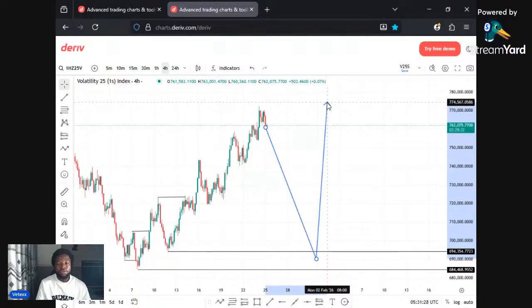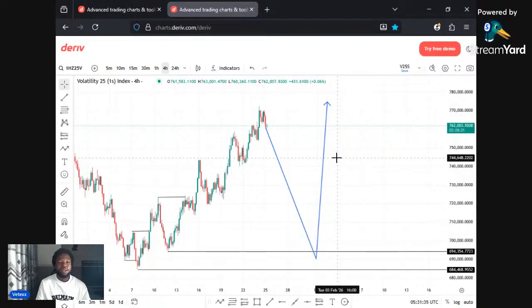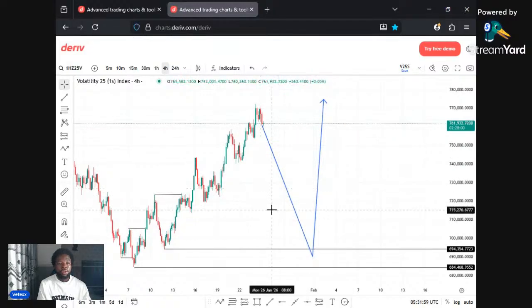Then we'll stop looking for buys until it gives us another structure on the 4 hour time frame. Then we scale down to the lower time frame, start looking for our continuation, and start executing. That is what we anticipate every single time on this channel.